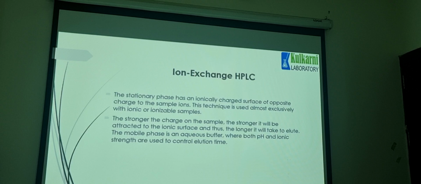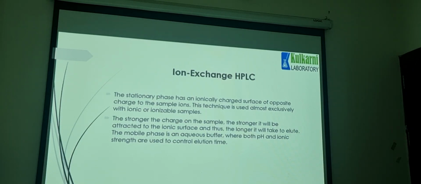The stronger the charge on the sample, the stronger it will be attracted to the ionic surface, and thus the longer it will take to elute. The mobile phase is an aqueous buffer where both pH and ionic strength are used to control the elution time. So ion exchange chromatography is concerned with charges. Normal phase and reverse phase are concerned with polarity.